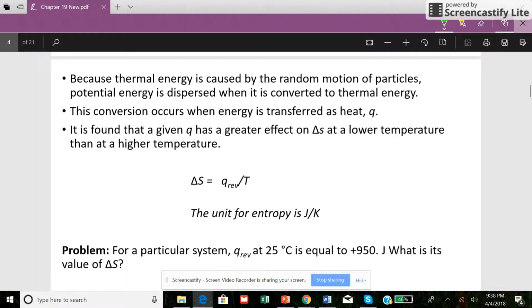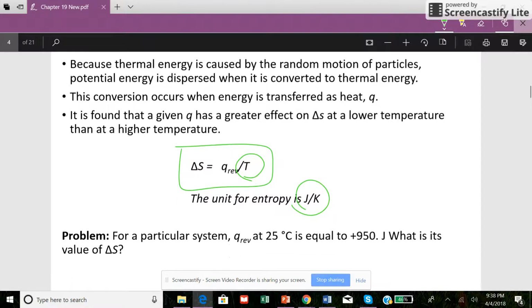Entropy actually has its own equation. The change in entropy is equal to Q, the heat of the reversible reaction, divided by the temperature. This temperature has to be in Kelvin. Therefore, the unit of entropy is joule per Kelvin.